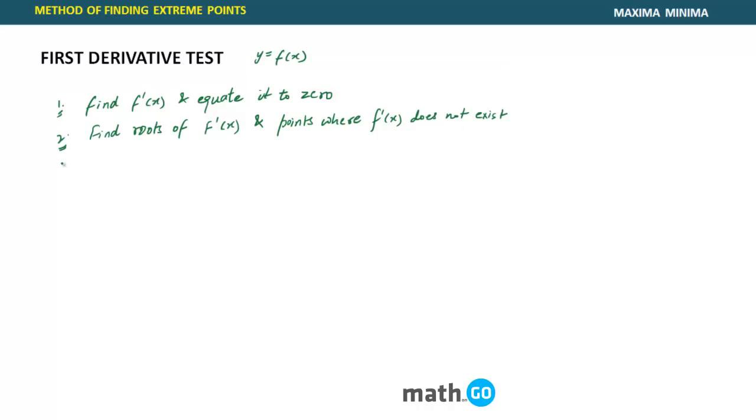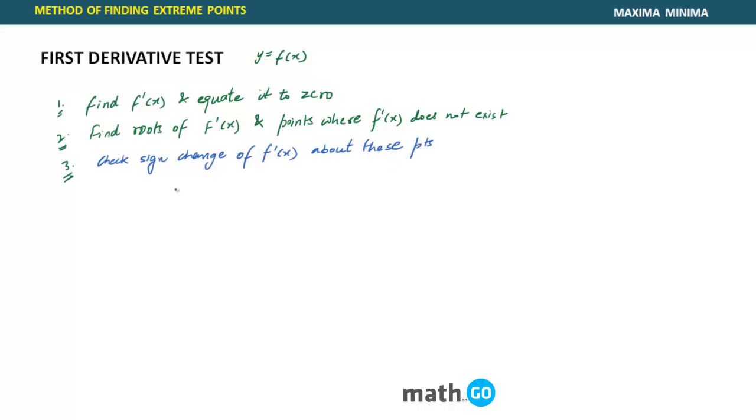The third step is to check the sign change of f dash x about these roots, about these points. This is the first derivative test.